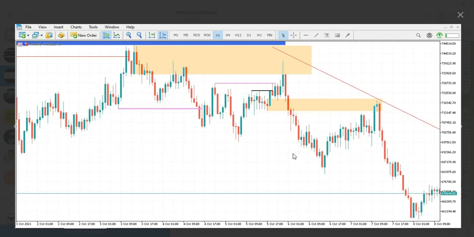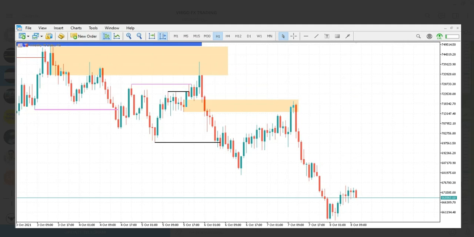Okay, so what then happens? We are still on H1, and then we see another break of market structure after this order block was respected. In the order block of the macro structure, we see price being broken there, and then price came up to this here to mitigate this order block, and then it pushed down.